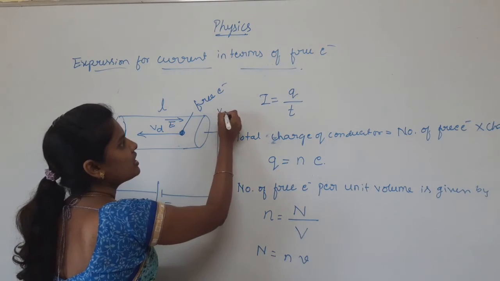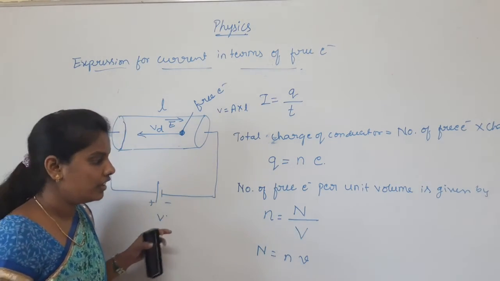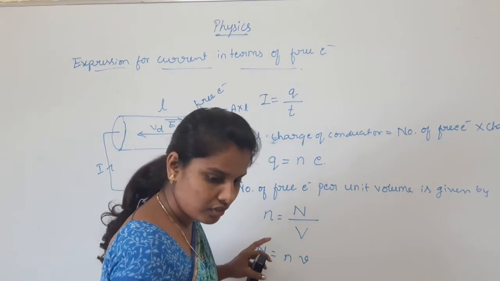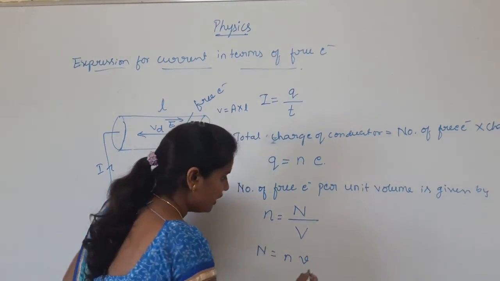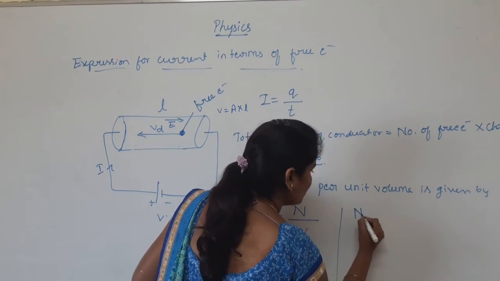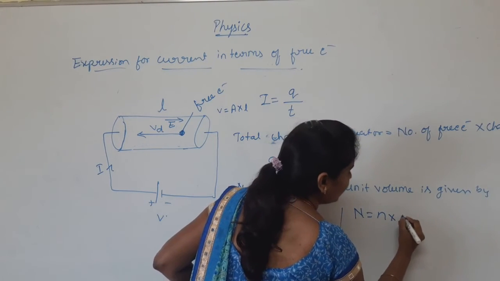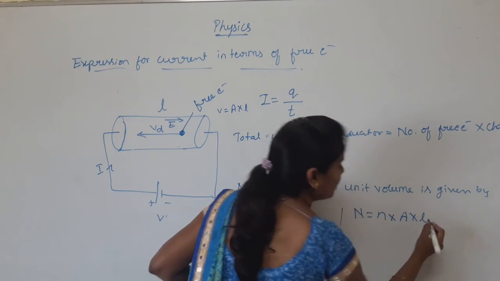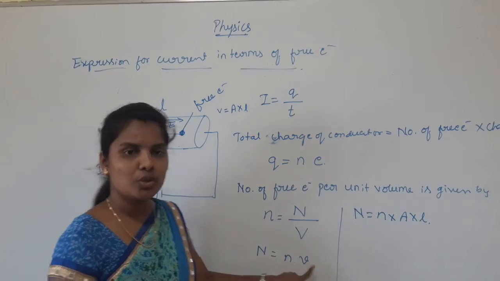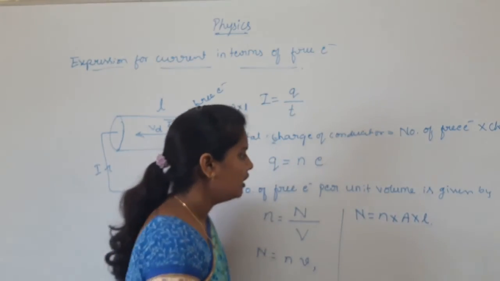The volume is equal to area into length of the conductor. Therefore, N equals small n into A into L. So volume is replaced by the area of cross section and length of the conductor.